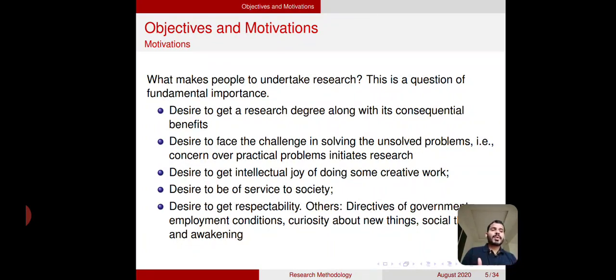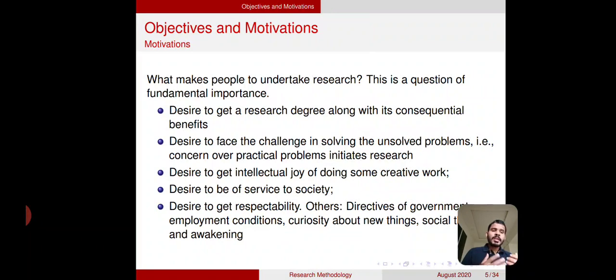After the PhD also we can do research. We call it a PDF, postdoctoral fellowship. So in that way, we get a research degree along with the consequential benefits, and a lot of knowledge after doing this research. For example, we are doing BSc Physics now. Once after completing BSc Physics, we do MSc Physics.